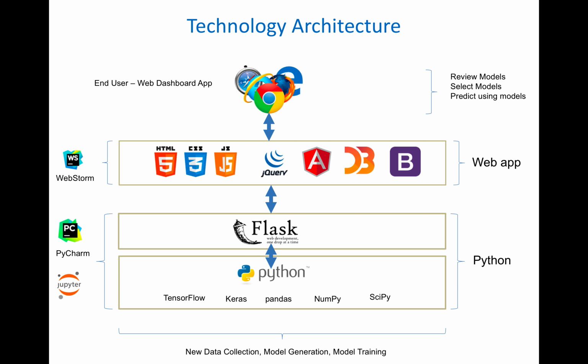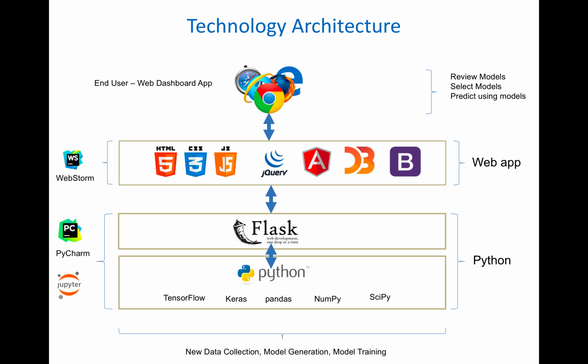Now, a quick look at the technology architecture of how all of this would work. At the bottom, you have the Python layer, which has TensorFlow and Keras installed, where we can build our artificial neural networks, which can collect data, generate models, train models, evaluate, and find the best model.